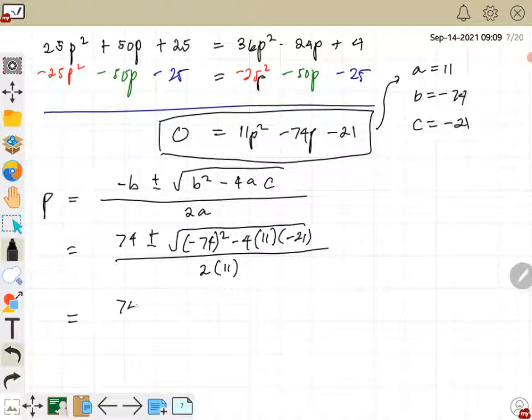So we have 74 plus or minus the radical, all over 22.